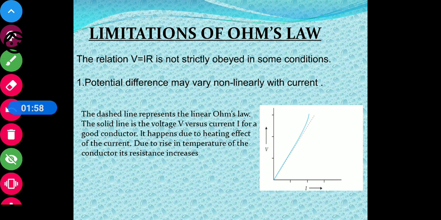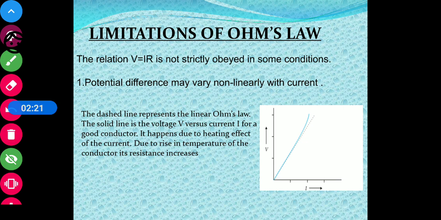But if the current flows through the conductor continuously for a longer time, then we find that the graph is slightly in the shape of a curve. It is no longer a straight line, it has changed to a curve shown by the continuous line.